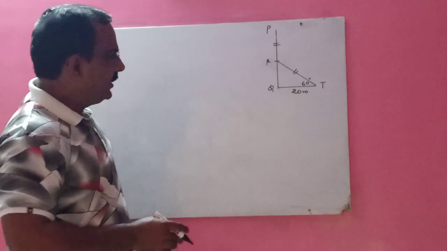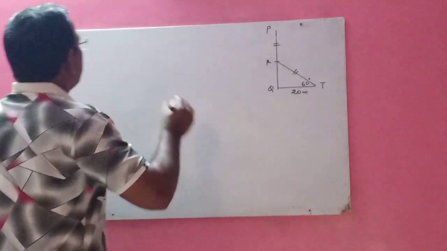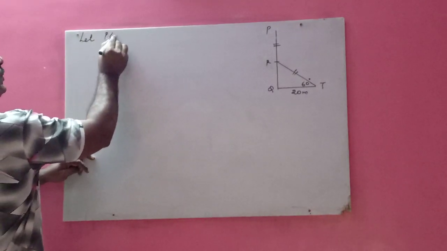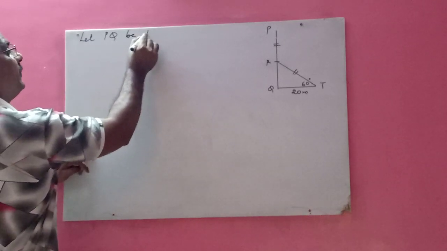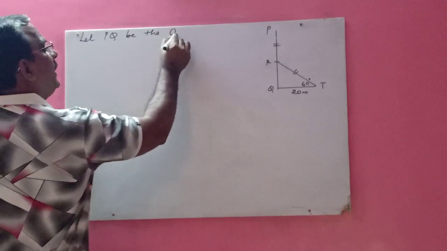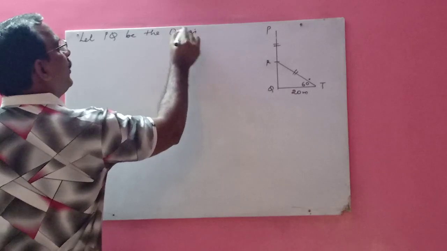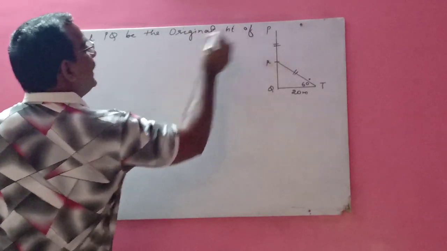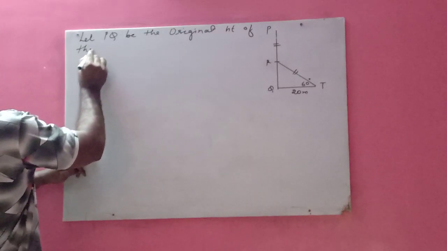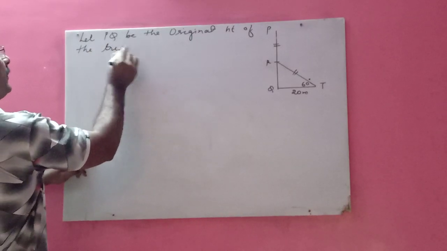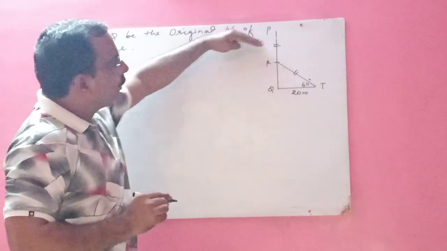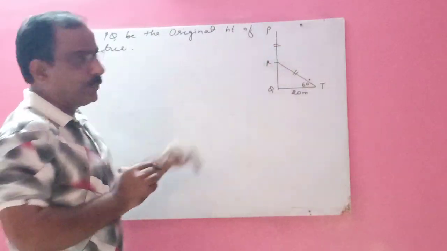This is the question. So first you should write here, let PQ be the original height of the tree. First write down this line. Okay? And PR is a broken part due to storm.